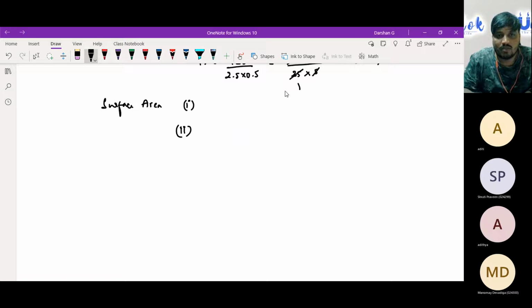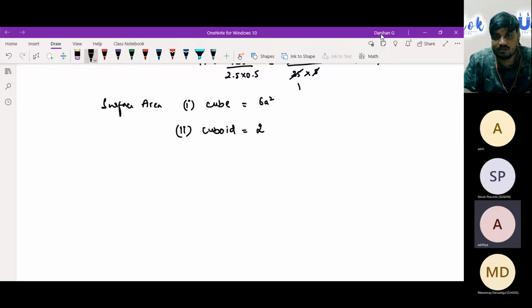Tell me the formula of surface area of a cube. 6a square. 6a square. Okay. Cuboid, Shruti. Okay, looks like she is not knowing it. Okay, Aditya.